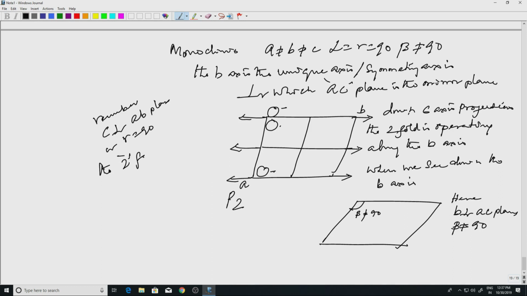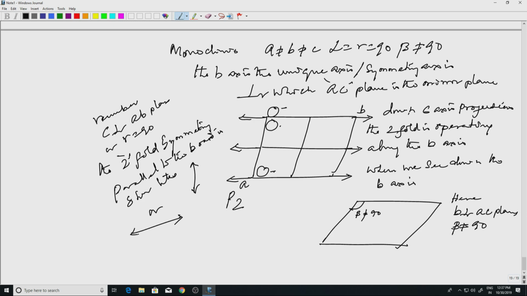The two-fold symmetry parallel to the board is shown like this way or this way. When it is perpendicular, it is shown as this way. So this is a two-fold symmetry. Whichever is here, it comes here.